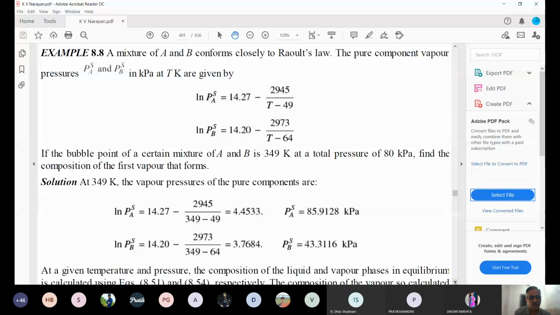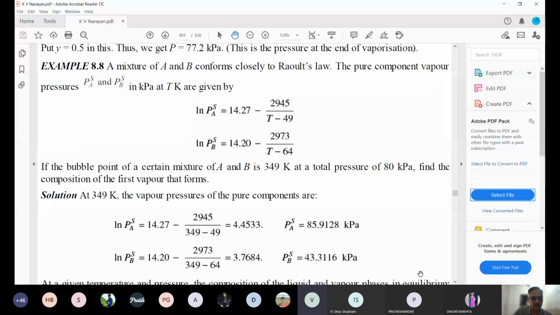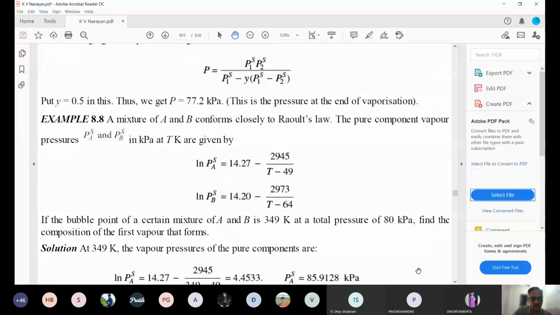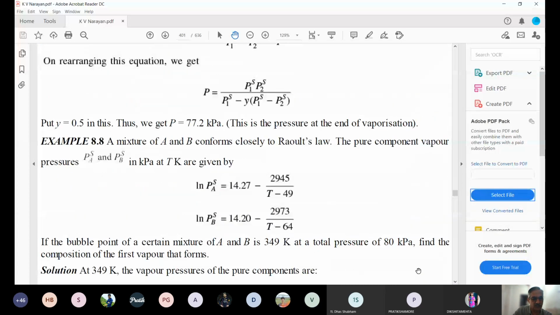Temperature is how much? Okay, so calculate the vapor pressure at 349 Kelvin. The equation is given, and we know the temperature, 349 Kelvin. Find out what PAS and PBS are.